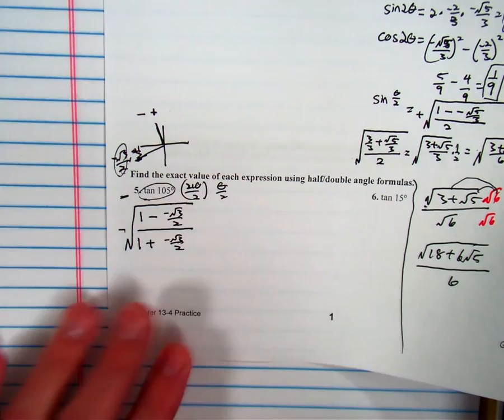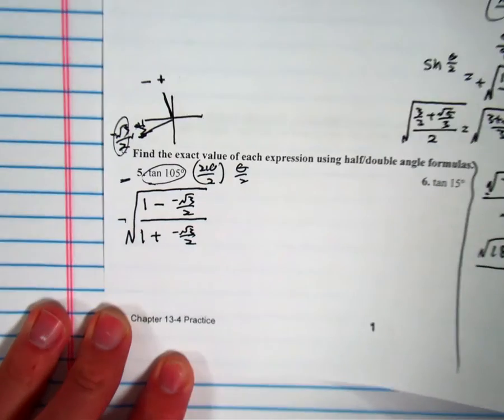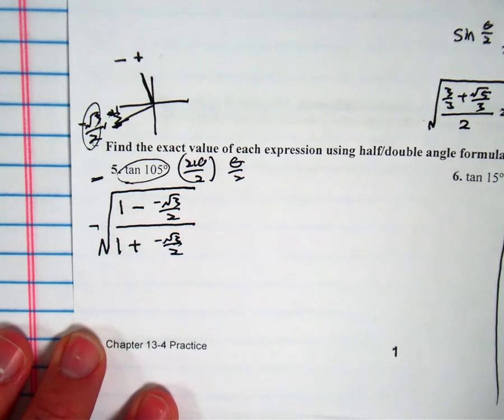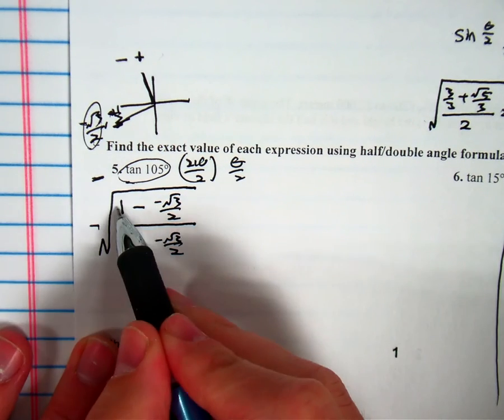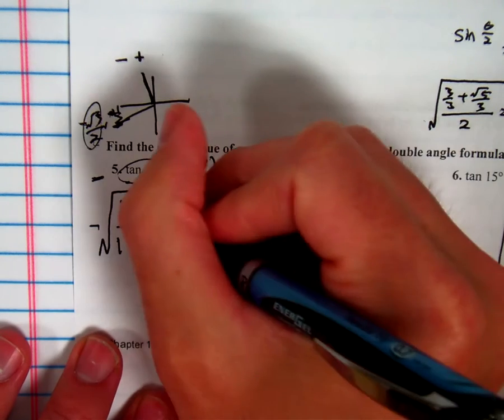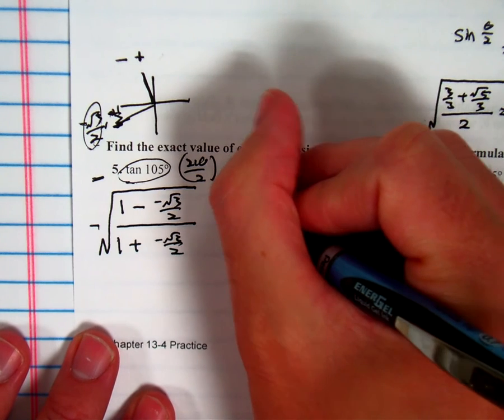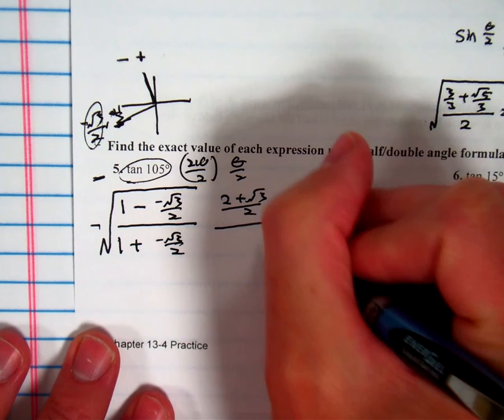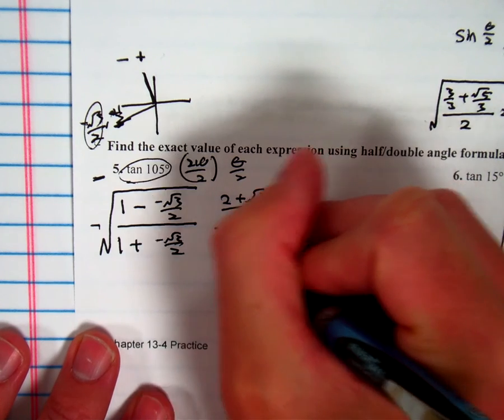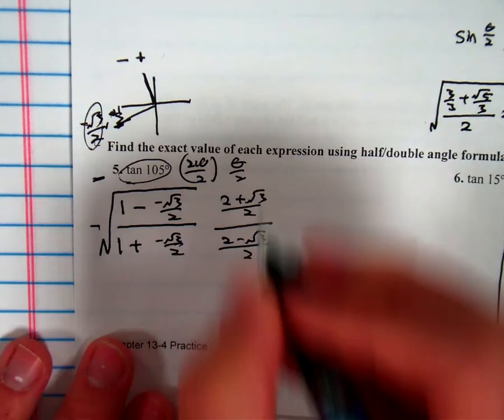In simplifying this, I'm going to forget about that giant square root for a second. I want these to be a 2 over 2, 2 over 2, minus the negative is a plus. So we're going to have 2 plus radical 3 over 2, 2 minus radical 3 over 2, multiply by the reciprocal.